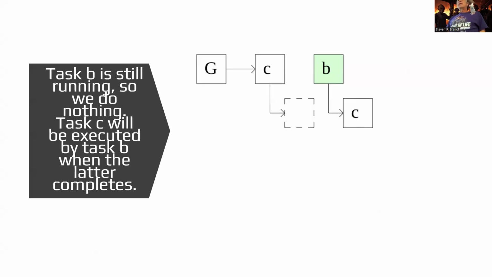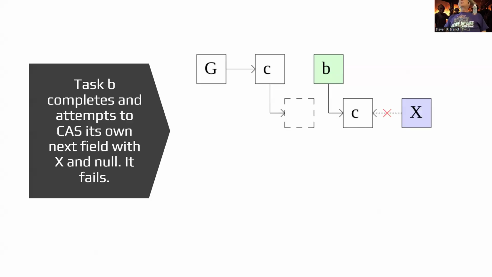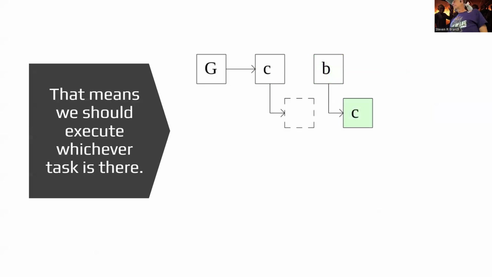So C is there and run guarded finishes. Now task B finishes running, and it tries to mark itself done by doing a compare-and-set on the next field from null to done. It fails because there's a task there. That means that instead of being done, the thread that just ran B now runs C.